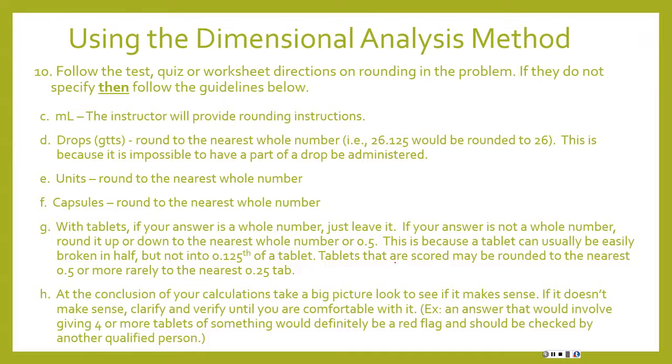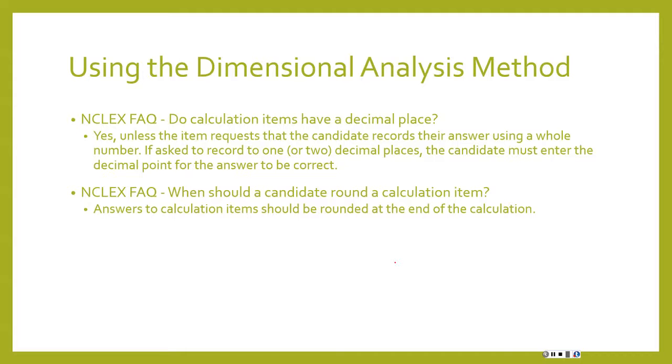When we look at what the NCLEX requires for math, there are going to be problems where you'll need to use the decimal. So again, if your answer was 2.8 and you were instructed to round to that first decimal or that tenth place, you would need to enter 2, then the actual decimal point, and 8.